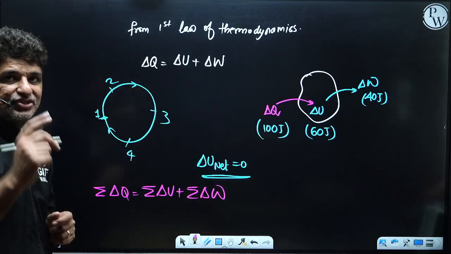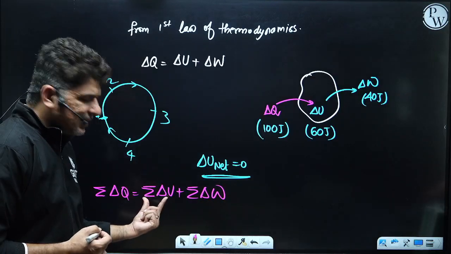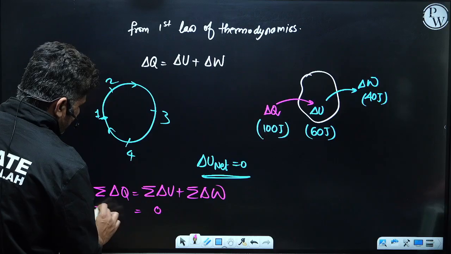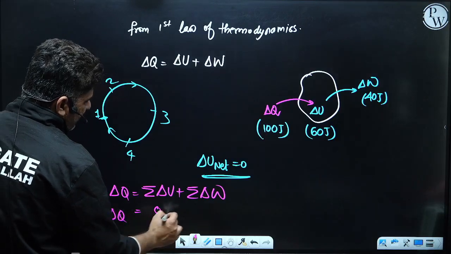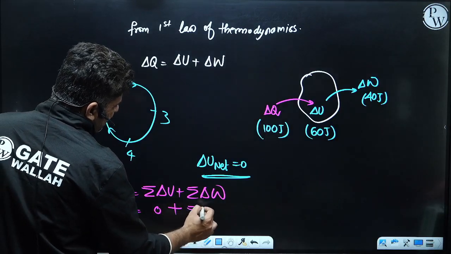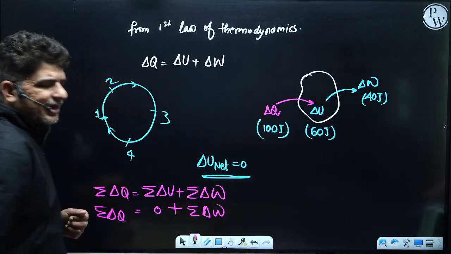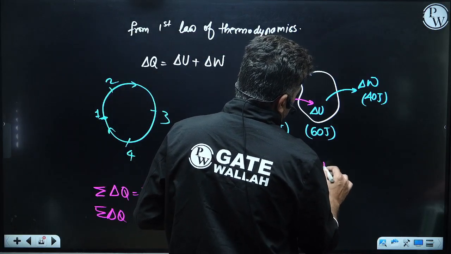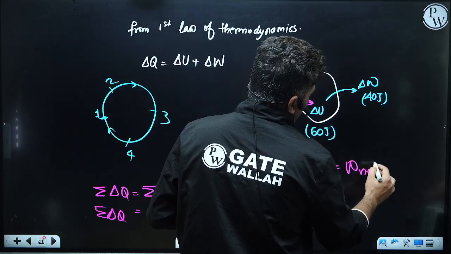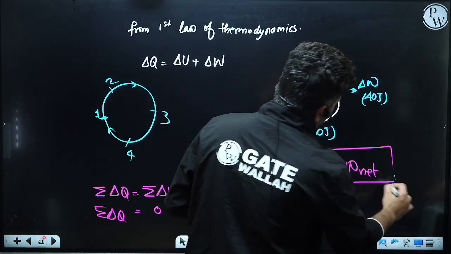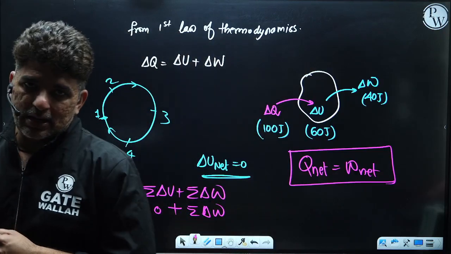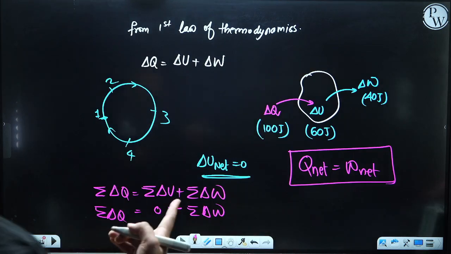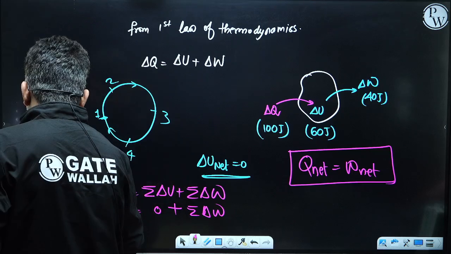And if this is put for a cycle, the summation of delta U will be 0. So you see that net resultant delta Q will be equal to net resultant delta W. That means Q net will be equal to W net. Q net will be equal to W net. This relation is called the first law of thermodynamics for a cycle. So the net heat transfer to the system will be equal to the net work done by the system.